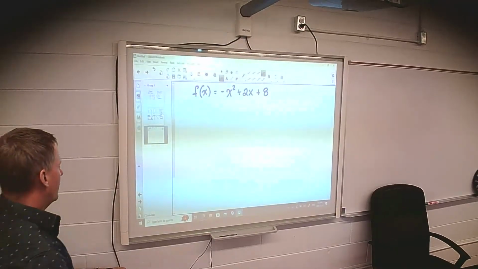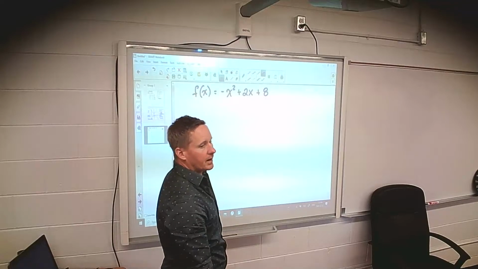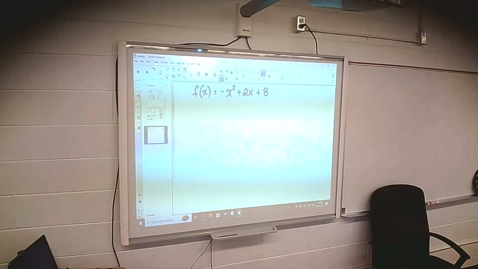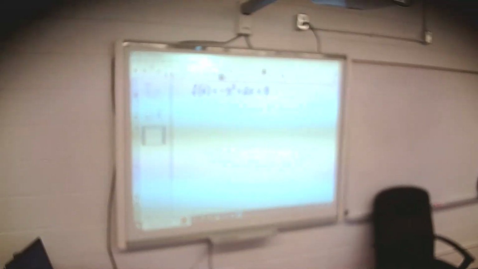All right, so first of all, does it open up or down? Down. How come? In front of the x squared, there's a -1, so it's going to open down. What's the y-intercept? 8.